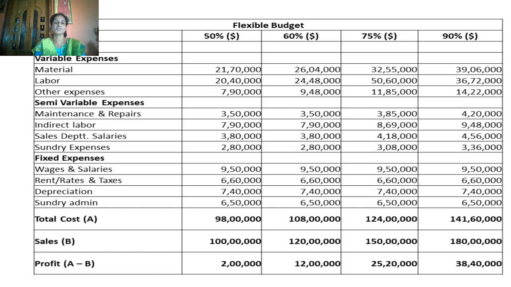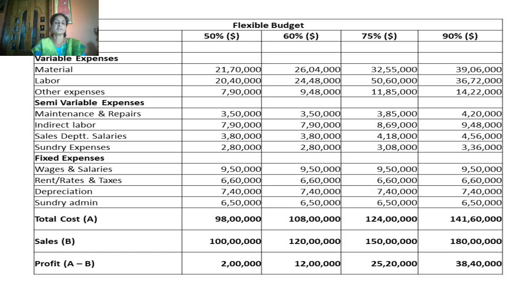For 50%, 21 lakh 70. For 60%, how much? Cross multiply: 21 lakh 70,000 into 60 divided by 50. So when you cross multiply this, you will get the amount for 60%, that is 26 lakh 04,000. Similarly for labor also.